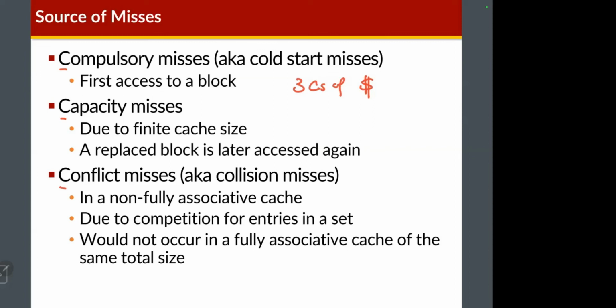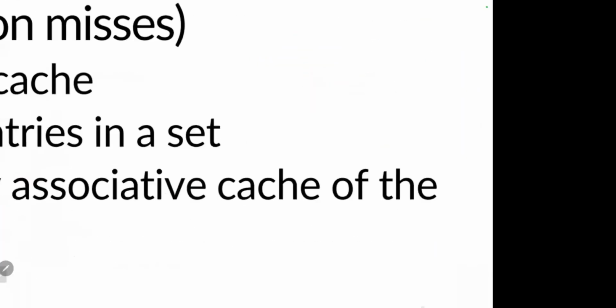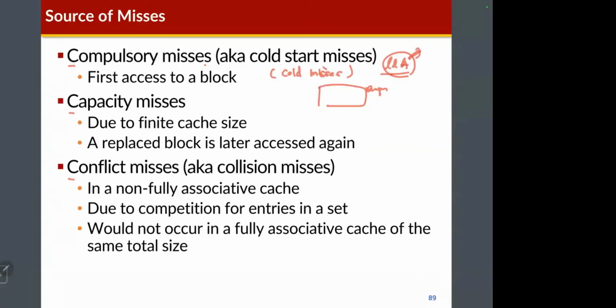The first source of miss is the compulsory miss, also called the cold miss. What is a cold miss? Initially the cache is empty, or when data is first referenced by the processor, we cannot find this data in the cache. For example, for load A, this A is first requested by this load instruction, so we cannot find data A in the cache.